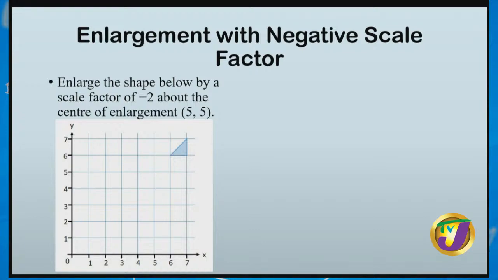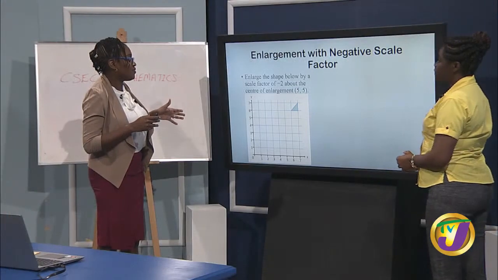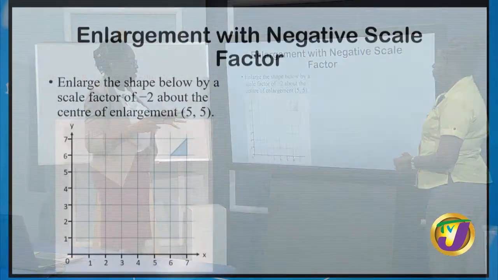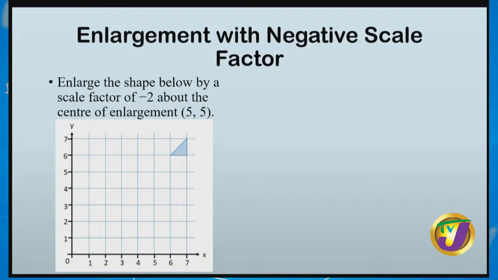So for this example, we want to enlarge the shape by a scale factor of -2. And we're told that the center of enlargement is 5, 5. So it's not at the origin, 0, 0. Okay. So what's the first step? First thing, let us plot our center of enlargement, which would be at 5, 5.